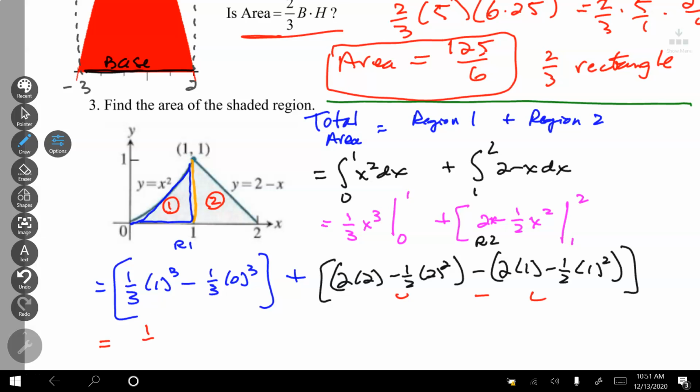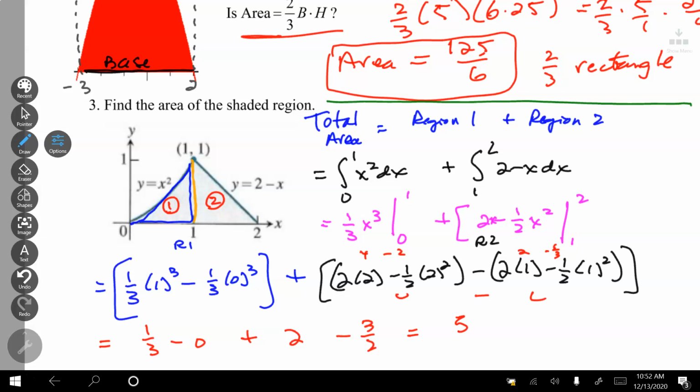I get 1/3 minus 0 plus, let's see, 4 minus 2 plus 2 minus 1/2 minus 3/2. I put this all together and I get 2 1/3 or 7/3 minus 3/2.